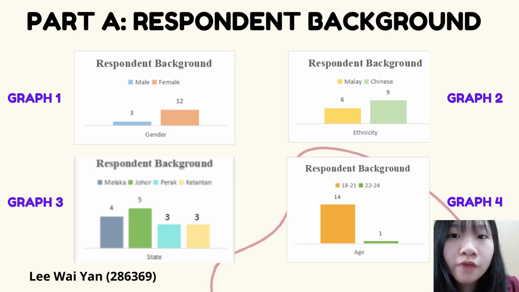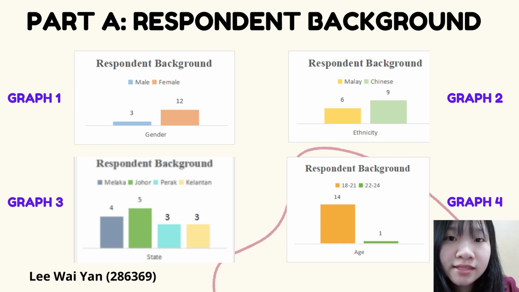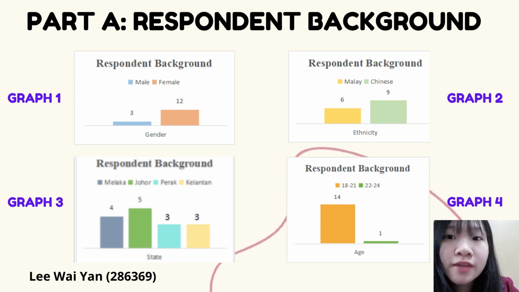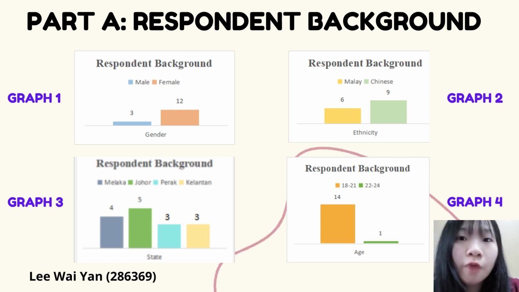An analysis of the gender, ethnicity, state, and age of the respondents, that is the people around us, was processed and presented in the form of diagrams.